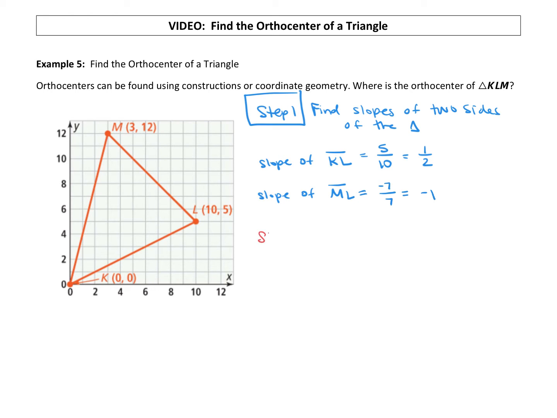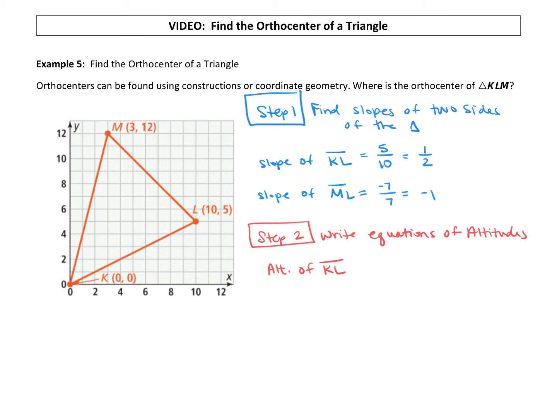Step two, we're going to write the equations of the altitudes. So the altitude of segment KL, so here is KL, the altitude will be perpendicular to KL.